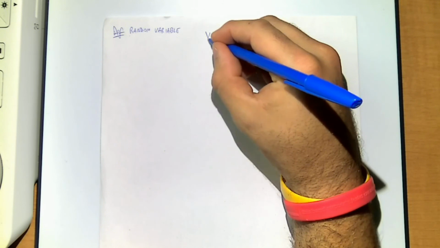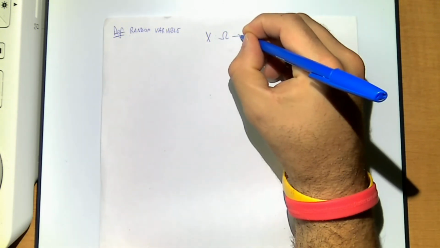It's a function X that goes from Omega to R. So the domain is the sample space, and the output is a set of real numbers. The random variable can take only finitely many values, of course, because our sample spaces are always finite. But we can always represent the values as real numbers.